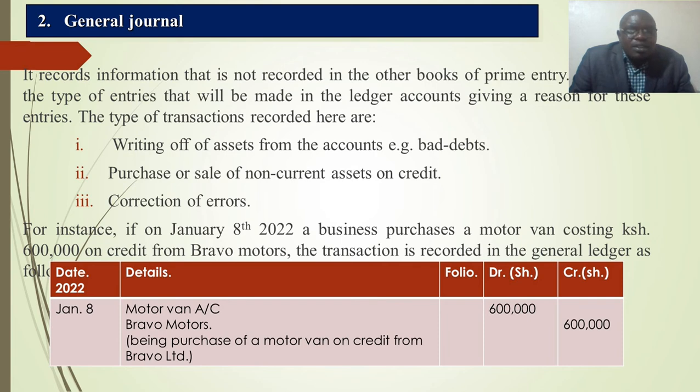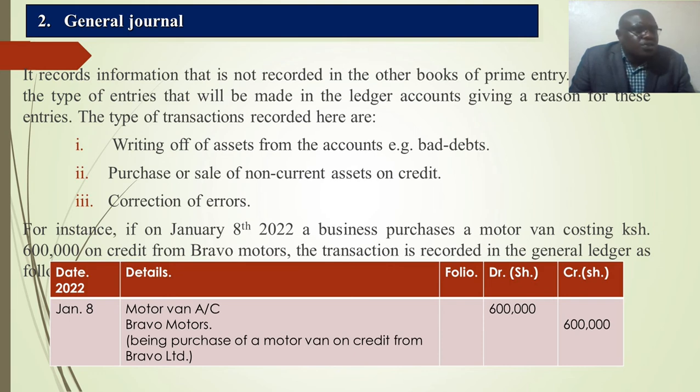Let us look at the last book of original entry, and that is the general journal, or the journal proper. This is the book of original entry, which records information that is not recorded in the other books of prime entry. It explains the type of entries that will be made in the ledger accounts, giving a reason for these entries.